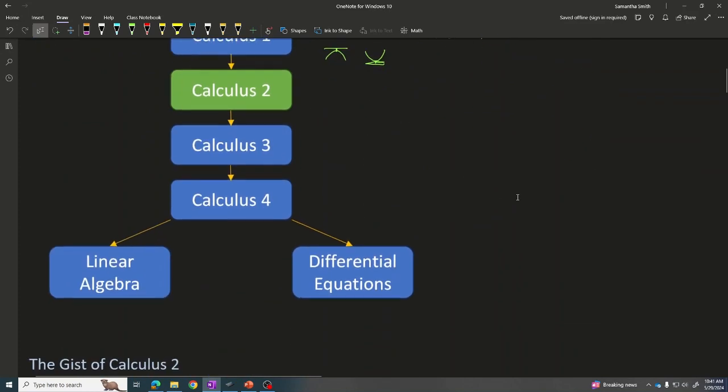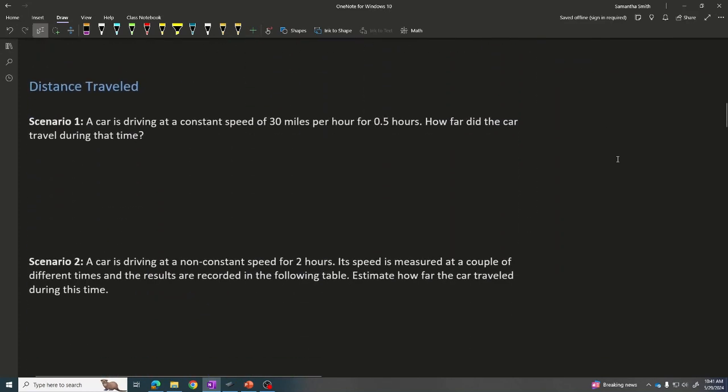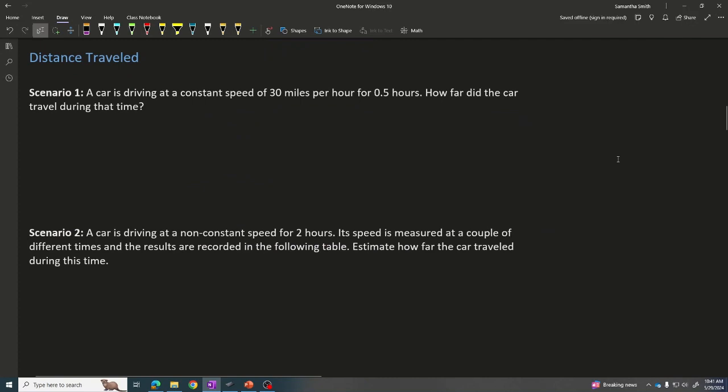So scenario number 1: you've got a car driving at a constant speed of 30 miles per hour, and it remains at that speed for half an hour. If you want to know how far the car traveled during this half-hour time interval, what would you do? Take a minute, think about that.